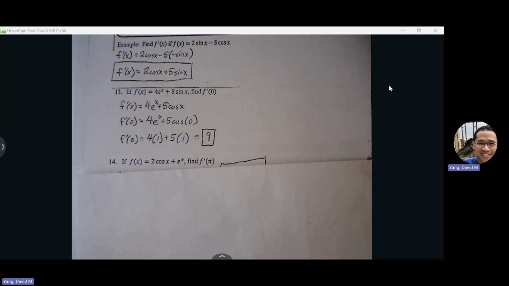Okay, try 14. Find the derivative function first. Find f prime of x first, and then plug in pi into the derivative to get your slope. And I think we can clean it up a little bit. We can use unit circle values to clean up the trig value a bit.